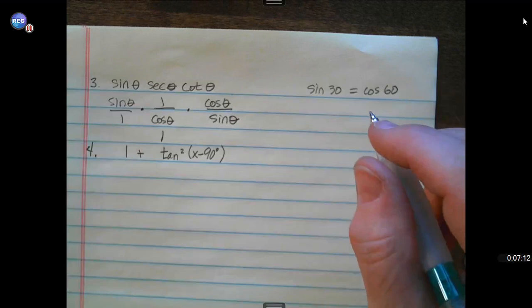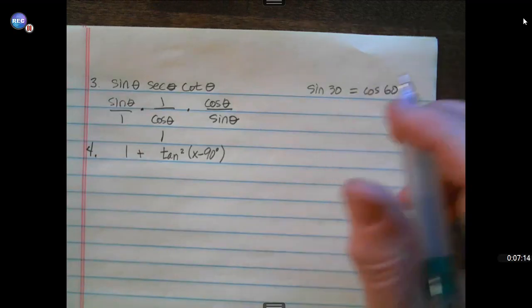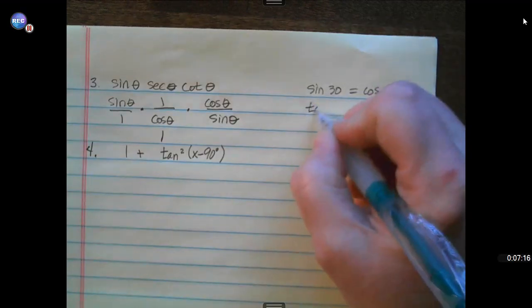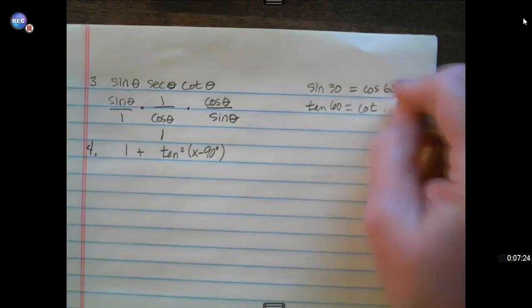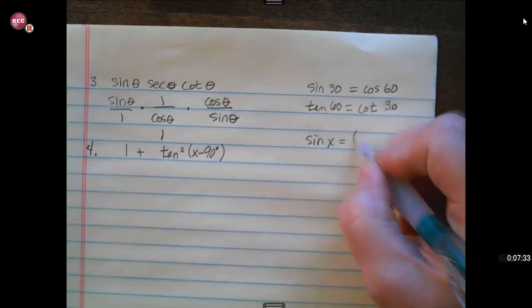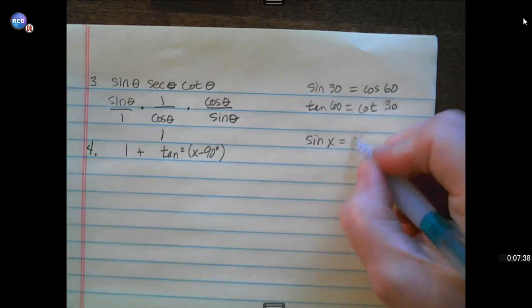The tangent of 60 is equal to the cotangent of 30. So the way they say this, the cofunctions, sine x is the same as the cosine of 90 minus x.